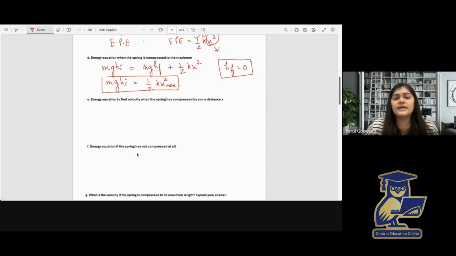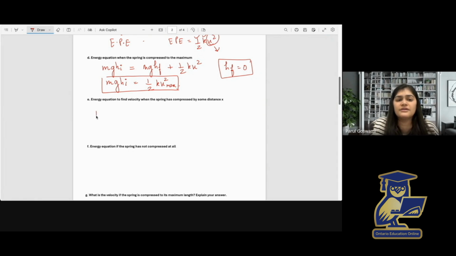Now we have to find the energy equation to find the velocity when the spring has compressed by some distance x. So now it's not the maximum compression, but some compression x. If the spring is compressed by some distance x but not the maximum distance, the object may still be moving. So at this point, the object has kinetic energy and the spring has elastic potential energy. The object may also still have some gravitational potential energy depending on the height. So the equation becomes mgh initial.